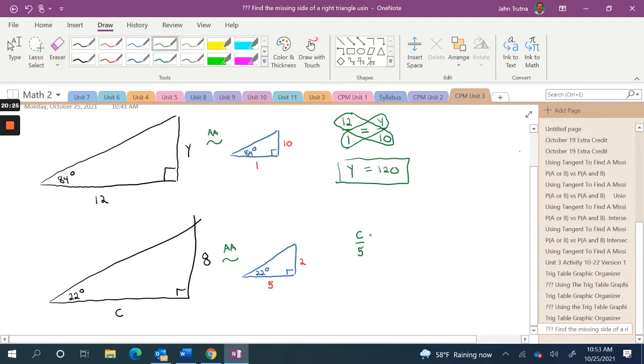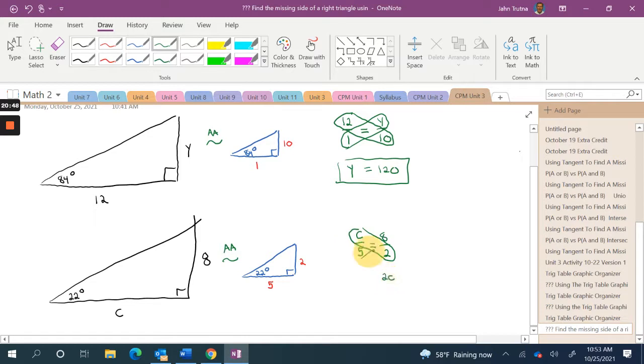So what's the other fraction? 8 over 2. When triangles are similar, it means the fractions are equal. We cross multiply and then we solve the problem out to find the missing piece of the triangle. So I'm going to go c times 2, which is 2c.